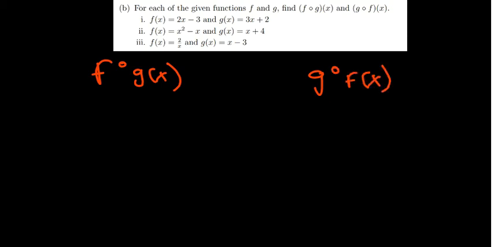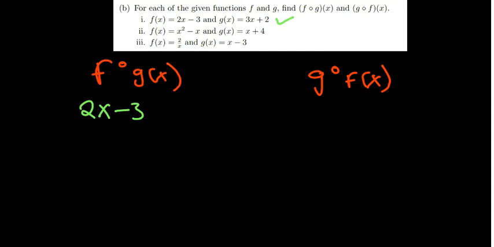So I said consider the first function. So where we're saying f of g of x, our function under consideration is f of x. So for part 1, f of x is 2x minus 3. That is our function under consideration there for the first part.